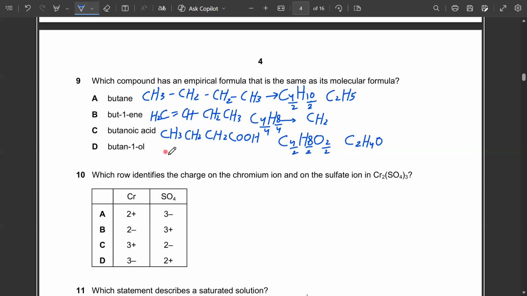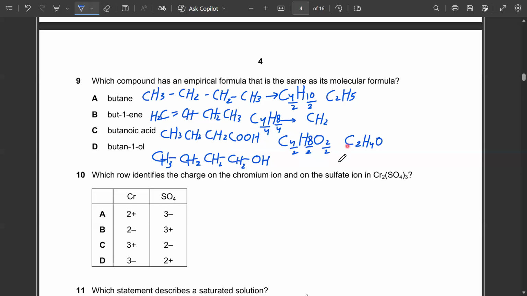And at the last, butan-1-ol, that means 4 carbon atoms, and with any one of the terminal carbon, just connect the OH, which is a functional group of the alcohol, and complete the rest of the carbon with the hydrogen atoms, so CH2, CH2, CH2, and then CH3.